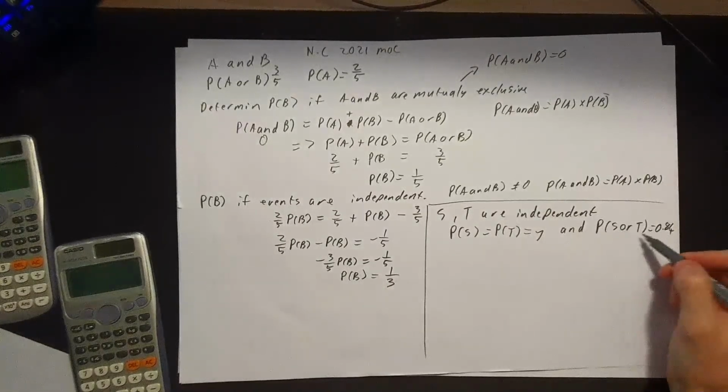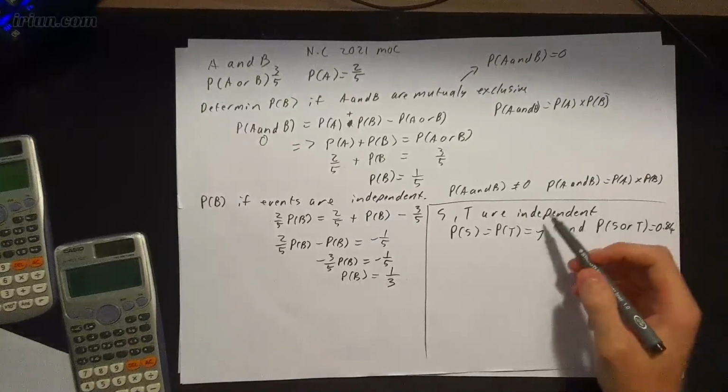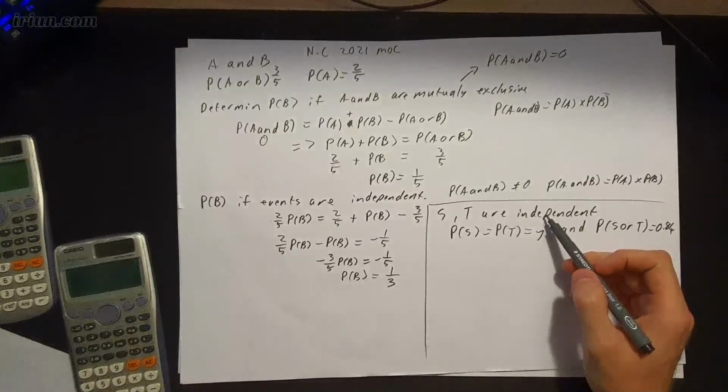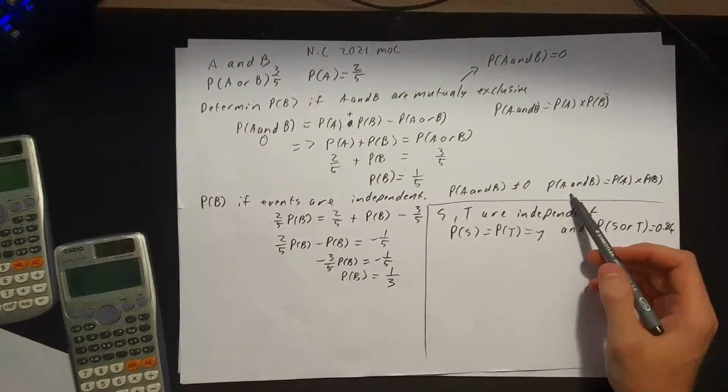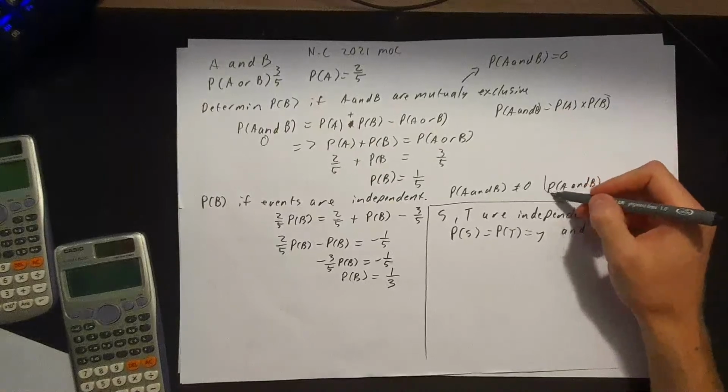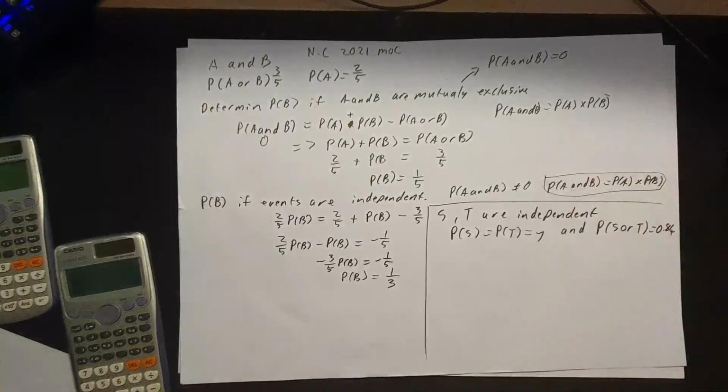So we have S or T. They've told us it's independent, which means probability of A and B is not 0. So we can use this over here.